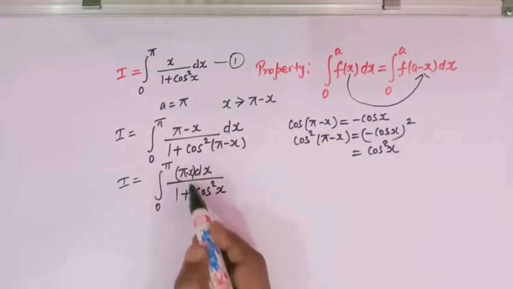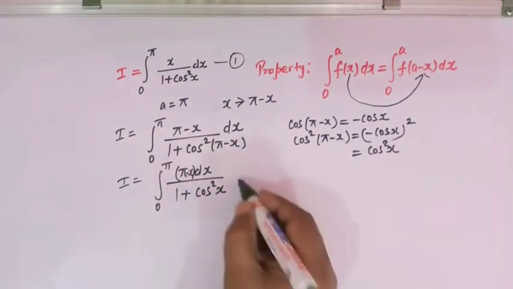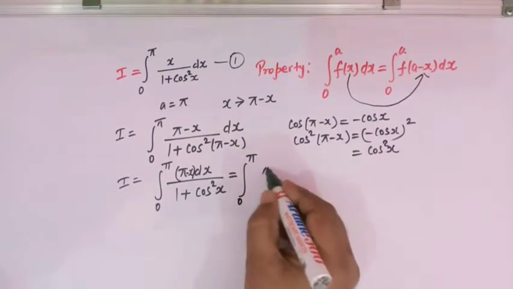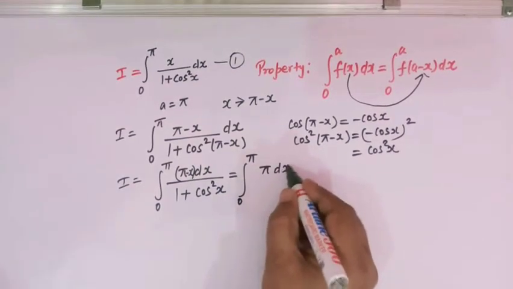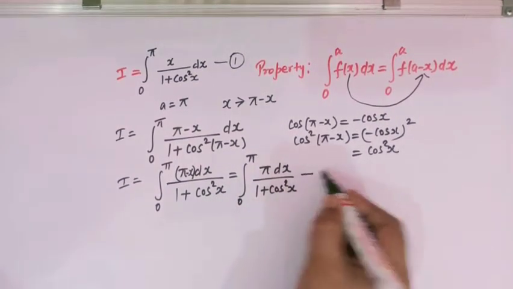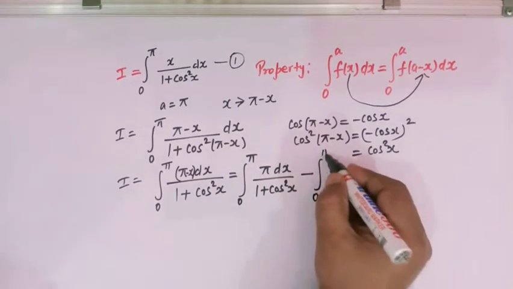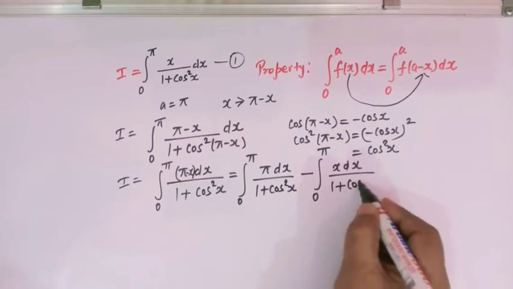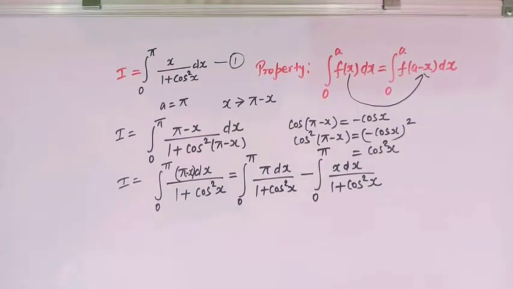Okay, now we can split this integral into two integrals. So we have 0 to pi, then we have pi dx over 1 plus cos square x, and then we have minus 0 to pi x dx over 1 plus cos square x, right?